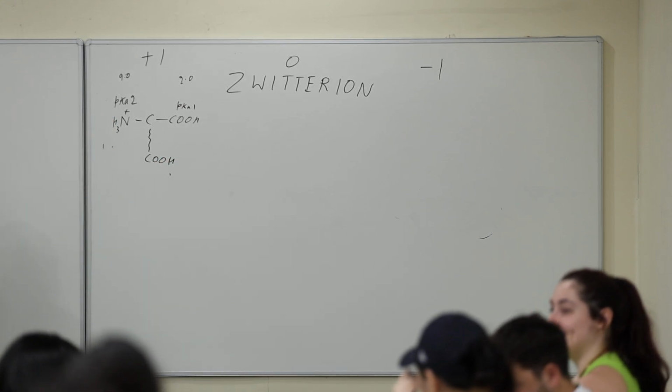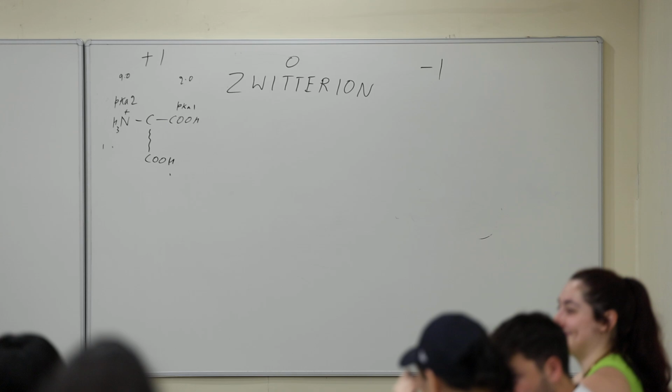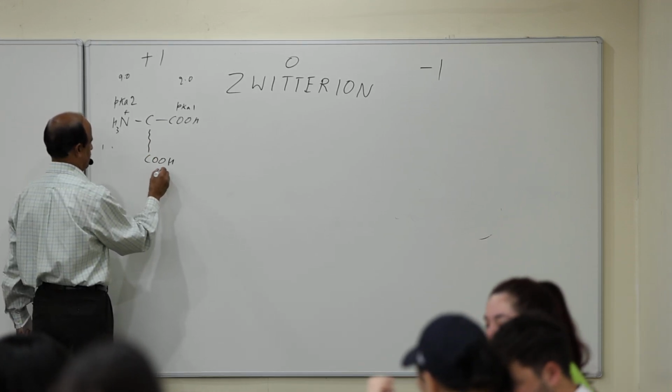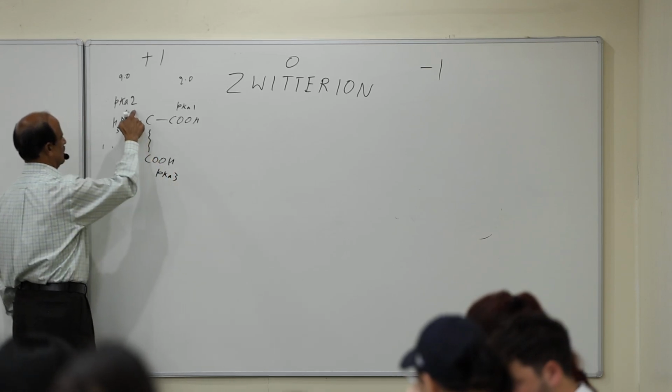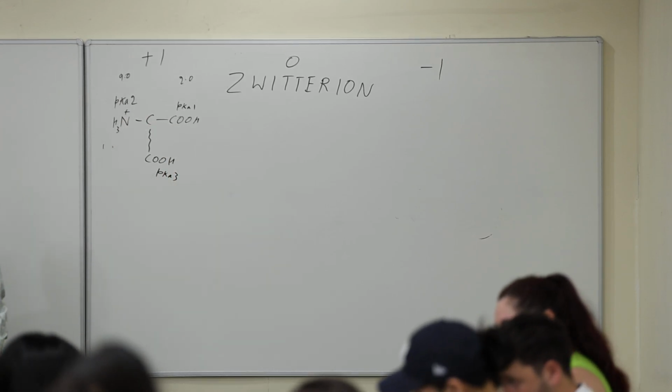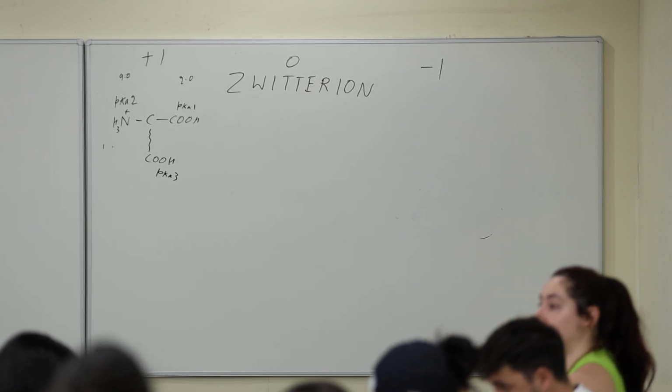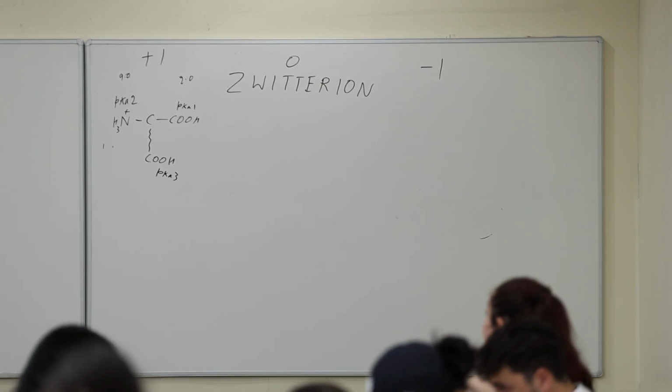Have a third carboxyl group, and the pK designation is that this is called pK3. The alpha ones are always 1 and 2. Even if you have an extra amino group, that will be the pK3. Extra carboxyl group, that is the pK3.